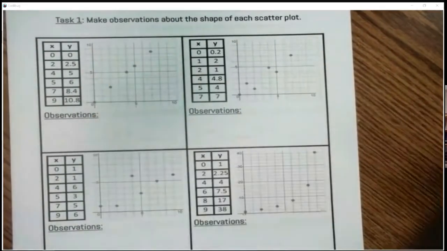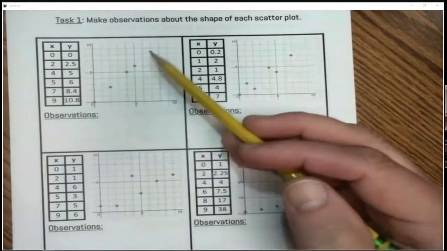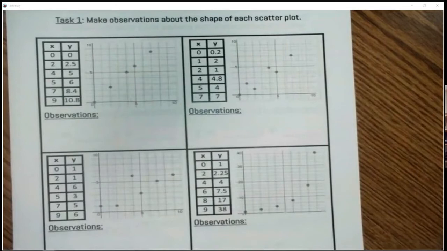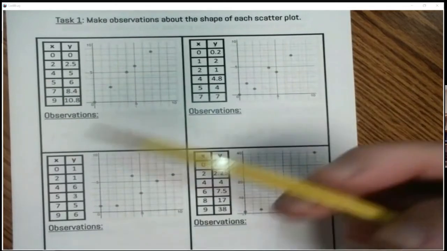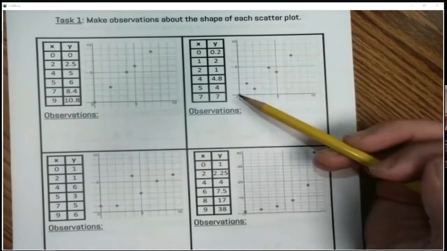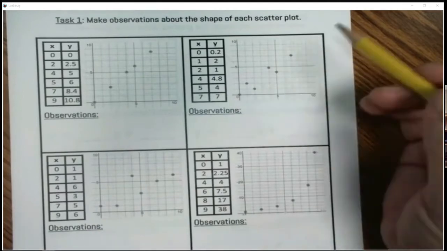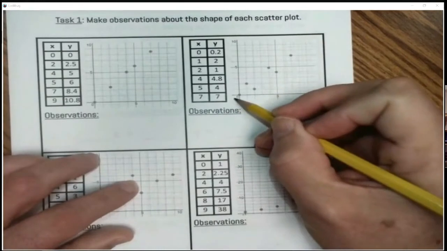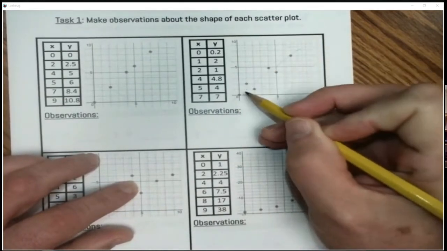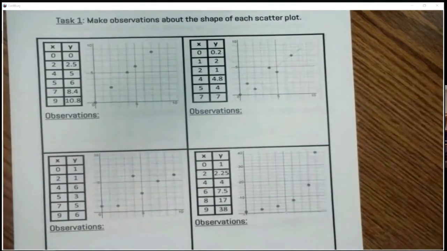So if we look at these, this one is obviously linear. I mean, it's almost perfectly linear. This one primarily looks linear. You got some scattered points, but if we did a line of best fit, it'd probably be somewhere right through there, and we have some a little bit higher and a little lower, but about the same distance higher and lower.